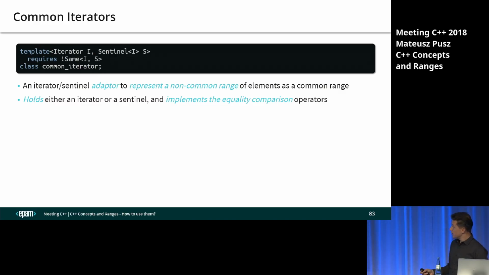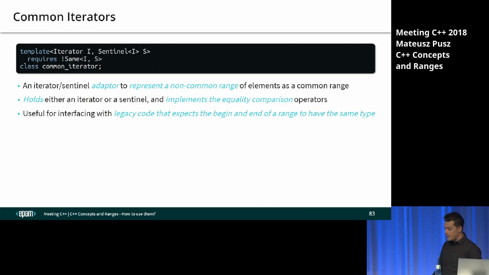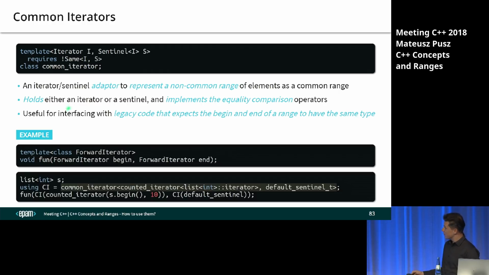Common iterator and the family of common things we'll talk about today means that these are adapters that are provided different types as an input, iterator and Sentinel as separate types, but they will provide iterator and Sentinel of the same type. They are mainly meant to be used with legacy stuff that has this requirement of providing the same type as a begin and end, like all of the algorithms in our current implementation.